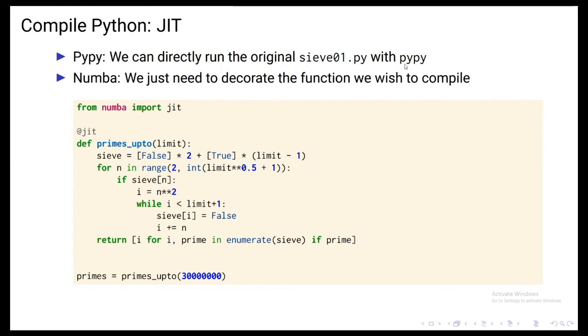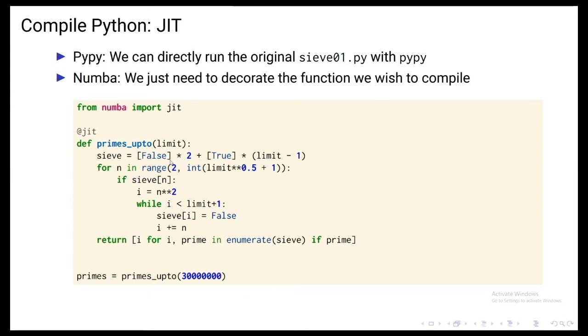It will do some fast compilation and then run it. Then we have Numba, where in this case we need to make a modification, but it's minimal, at least for the very first approach. We just have to import Numba, and then add the @jit, for just-in-time, decorator on top of a function that I want to be pre-compiled.